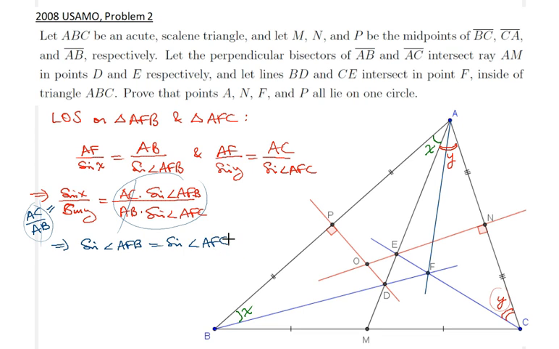This suggests that those two angles are actually equal, but we need to make a small adjustment. I need to prove that both of them are either greater than 90 or less than 90, so that I can confidently say those two angles are definitely equal.